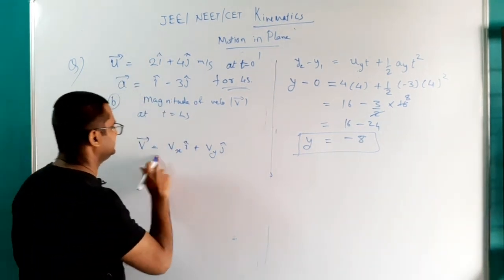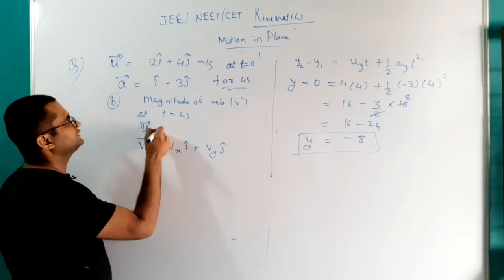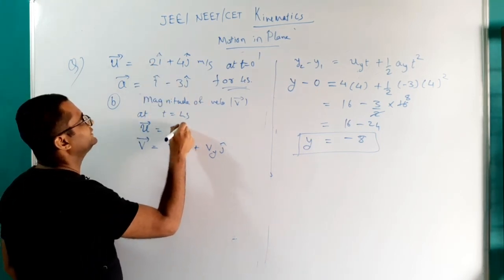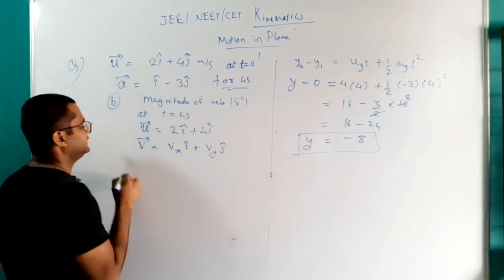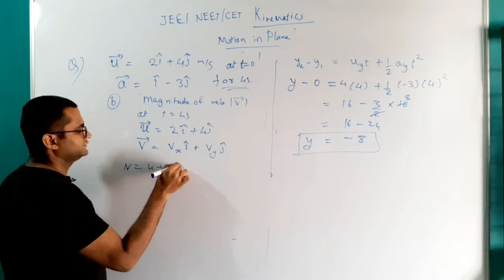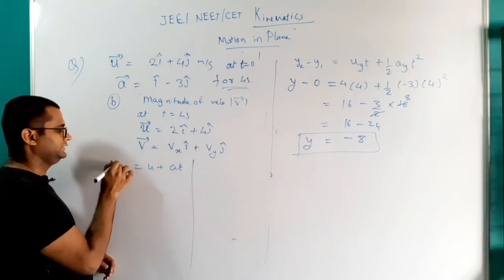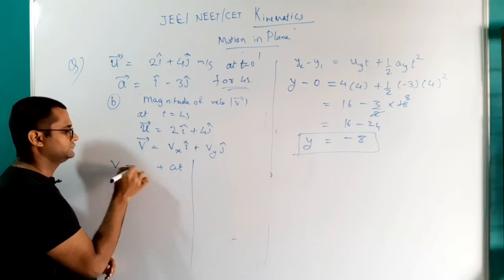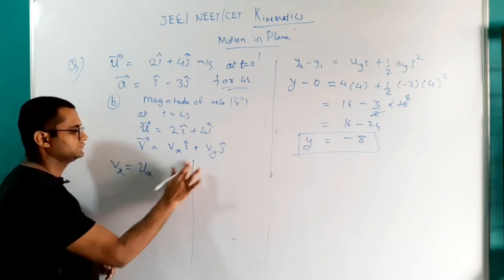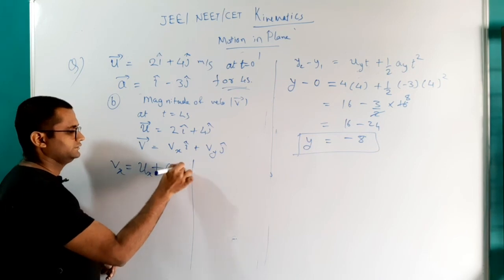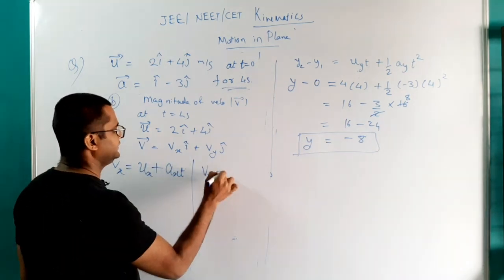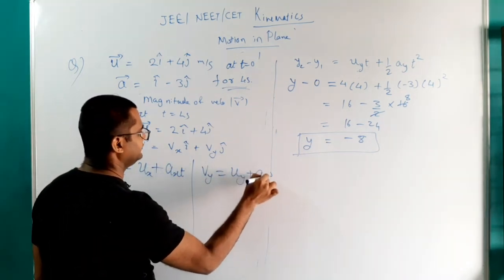So this is the expression for velocity. What is initial velocity? This is initial velocity, 2i plus 4j. We have the relation v equal to u plus at. So splitting the motion in x and y, this will be vx equal to ux plus axt, and vy equal to uy plus ayt.